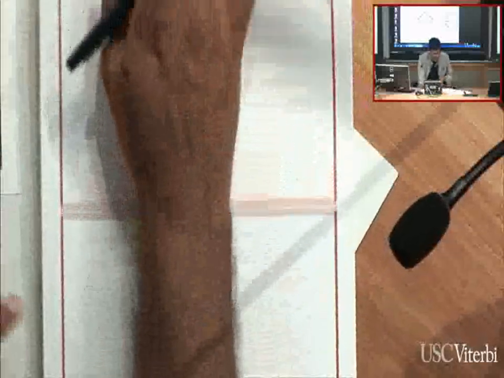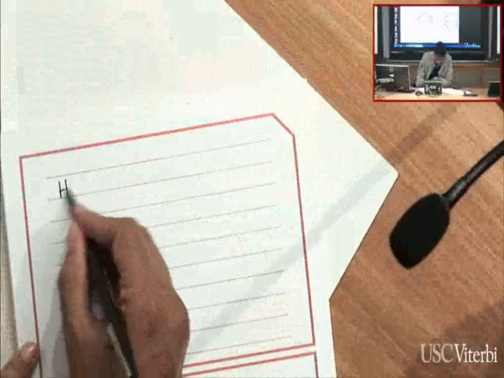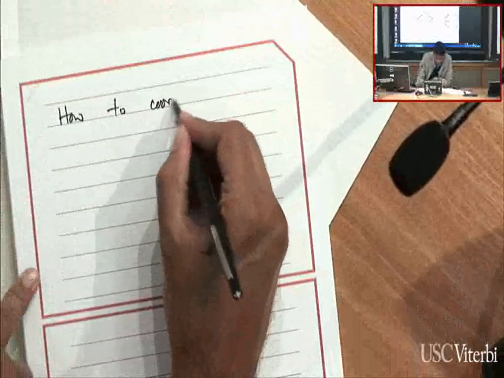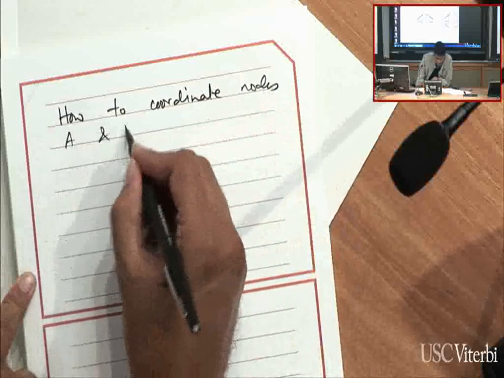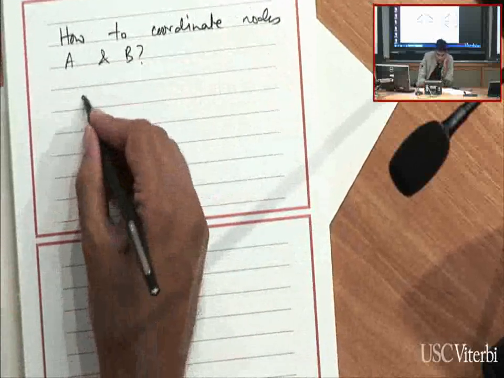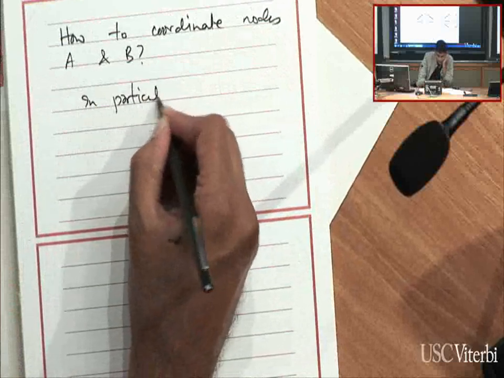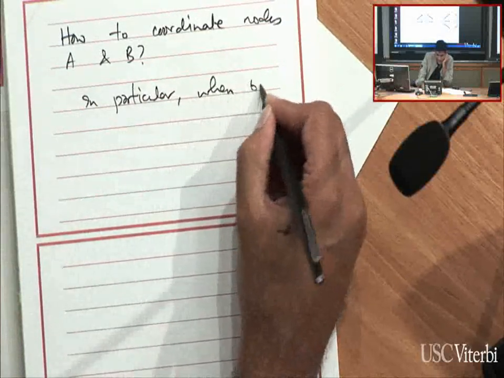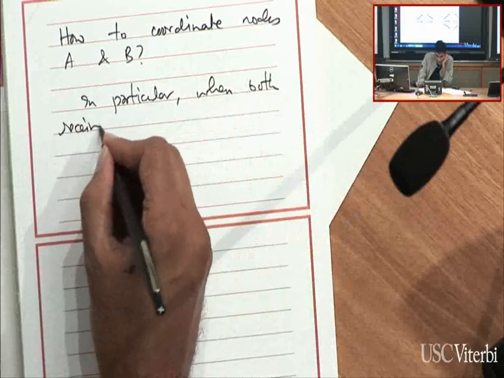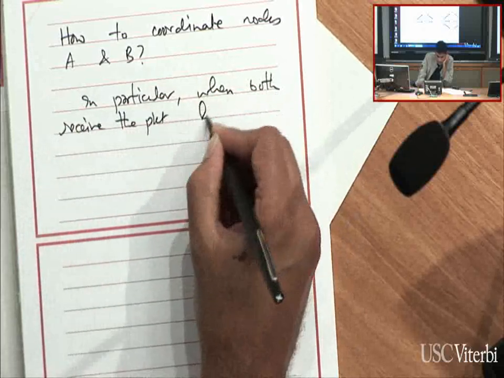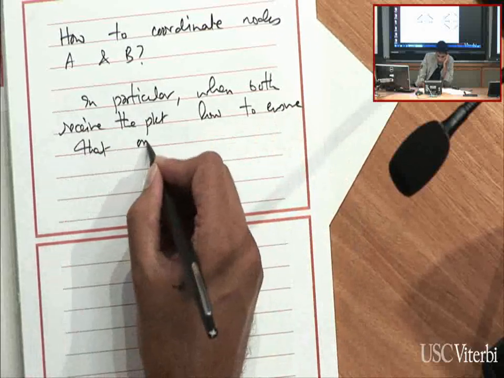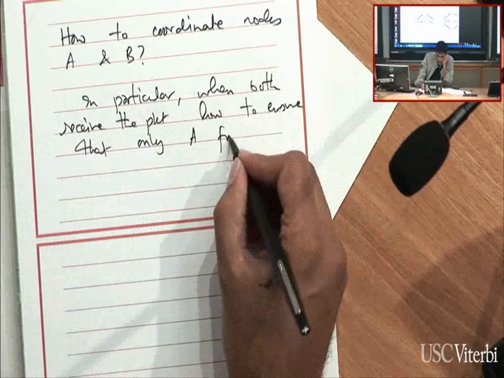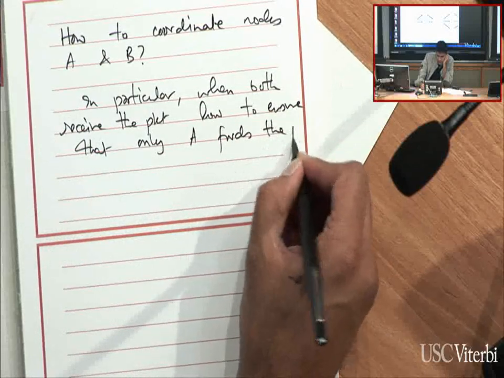So now there could be a little bit of a question still in our mind because I set it aside. So how to coordinate nodes A and B? In particular, when both receive the packet, how to ensure that only A forwards the packet.